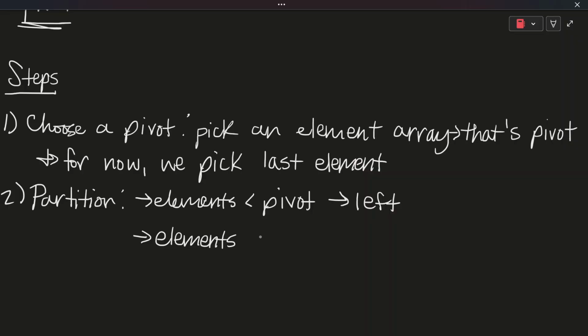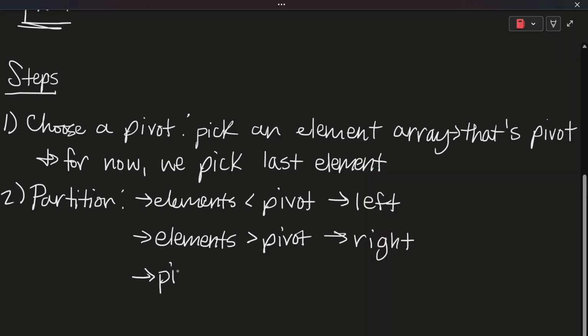Elements that are greater than the pivot go to the right. And once we're done with all of this, we do this because we assume the pivot will be in the right spot.